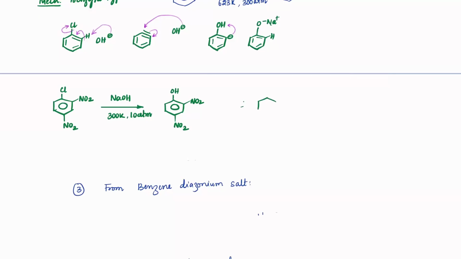Or in case you have all nitro groups present at the 2, 4, 6 positions, then we do not even require NaOH. Just warm water would be sufficient to replace the chlorine here with OH and get into this NO2, NO2 and NO2 form.